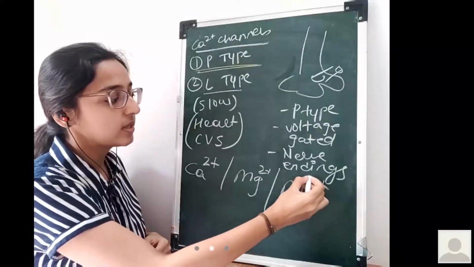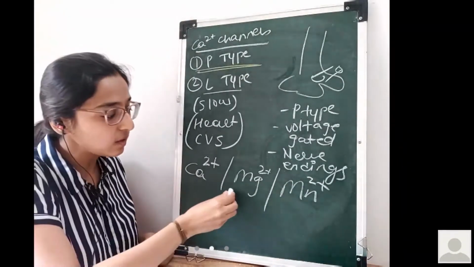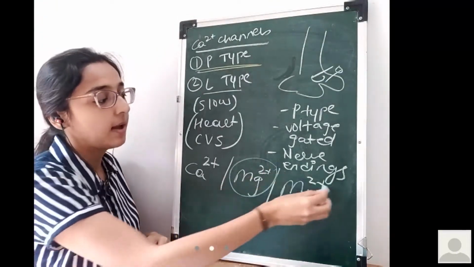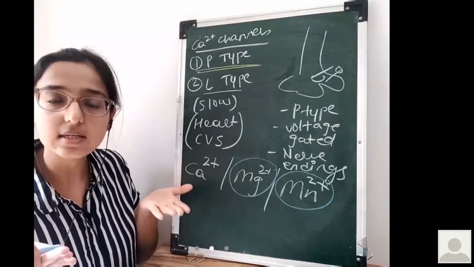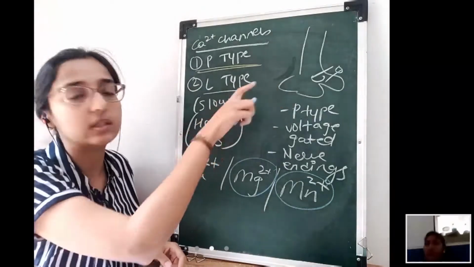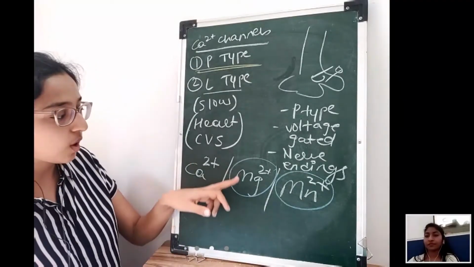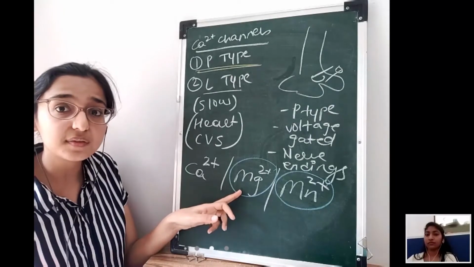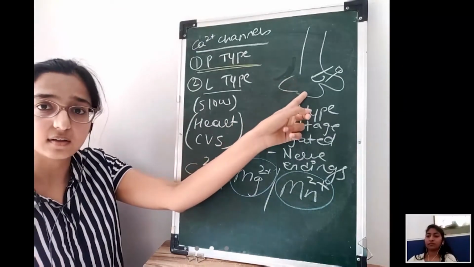If the concentration of any of these apart from calcium, magnesium, manganese, or any other divalent cation in your blood increases, that will interfere with the entry of calcium into the nerve. It will inhibit the entry, it will prevent it.